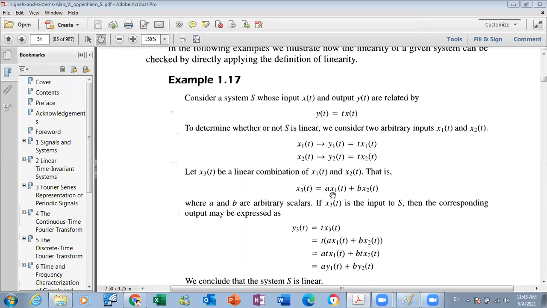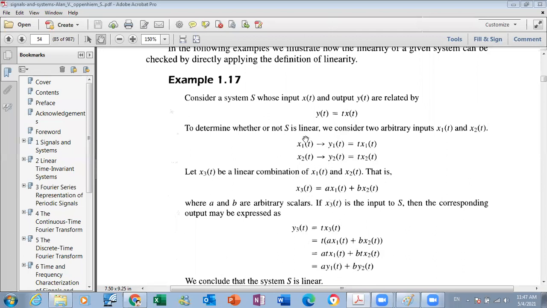Then the response due to x2(t) will be y2(t), and y2(t) is equal to t x2(t) from the given system. Now we check additivity and homogeneity using these.